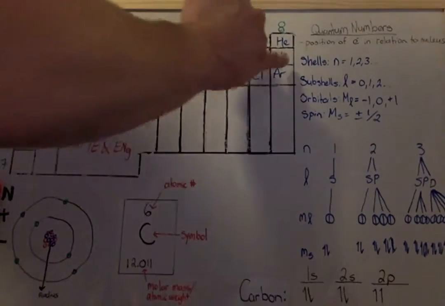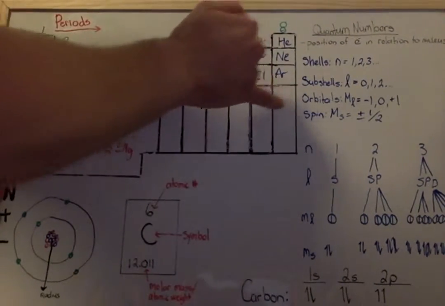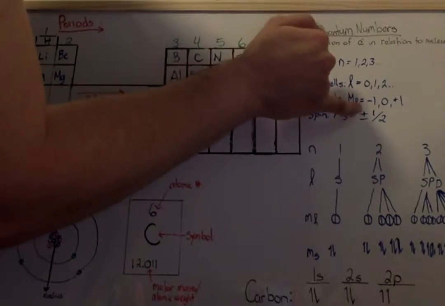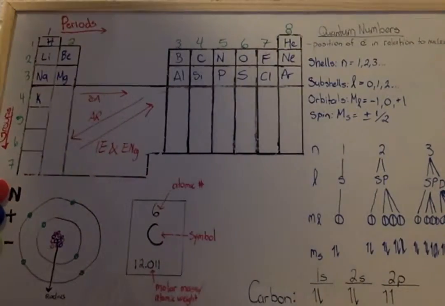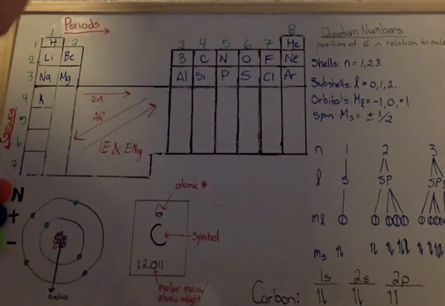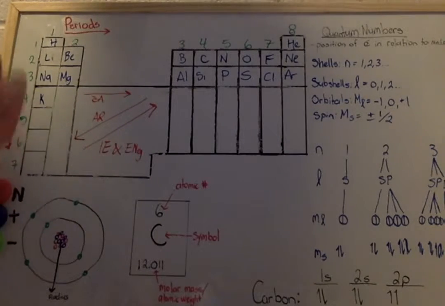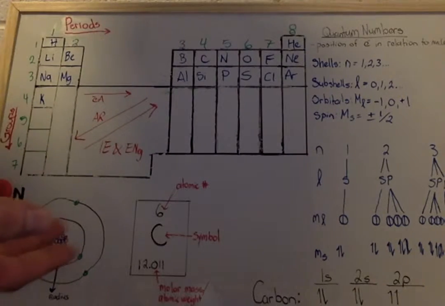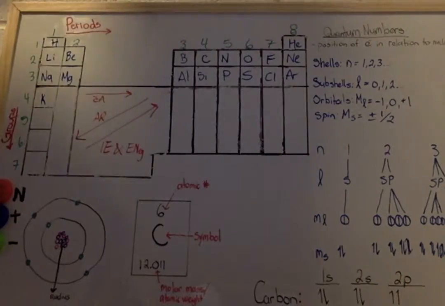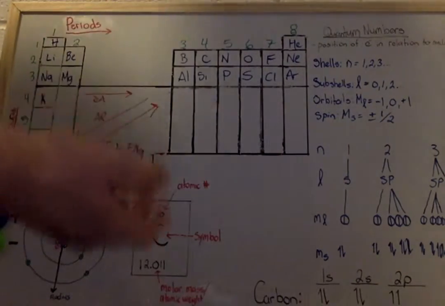Moving along, we get to orbitals, which are denoted by an M with a subscripted L. Now the orbitals, which are also known as the magnetic quantum number, describe the orientation of the orbital in space. For example, if it lies on an X, Y, or Z axis in a 3D grid.